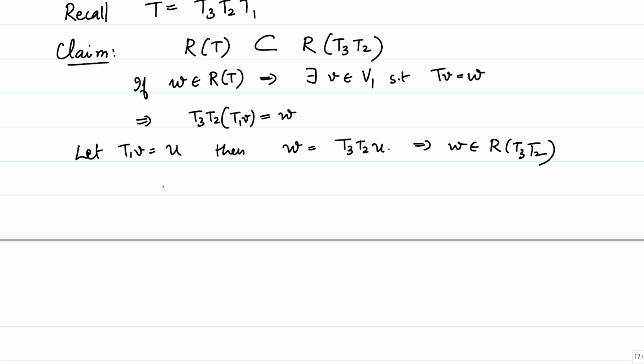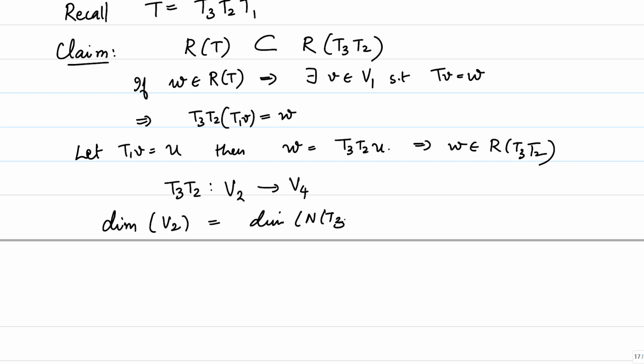So now let's focus on T3, T2. What is T3, T2? T3, T2 is a map from V2 to V4. And the dimension theorem tells us that the dimension of V2 is equal to the dimension of the null space of T3, T2 plus the dimension of the range space of T3, T2.